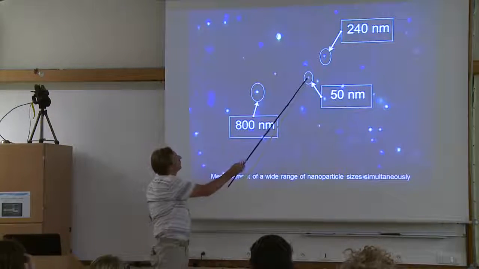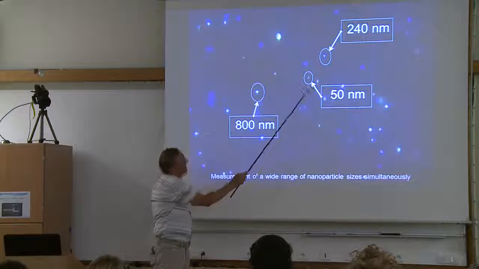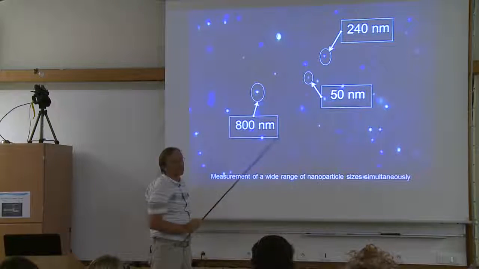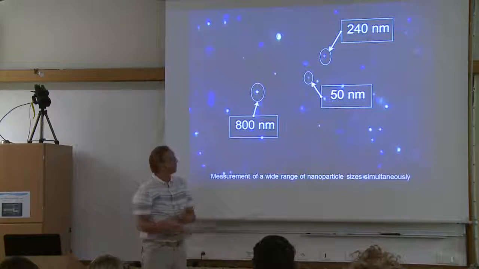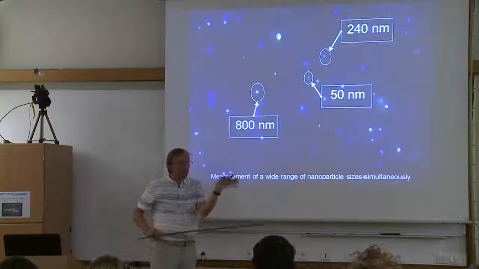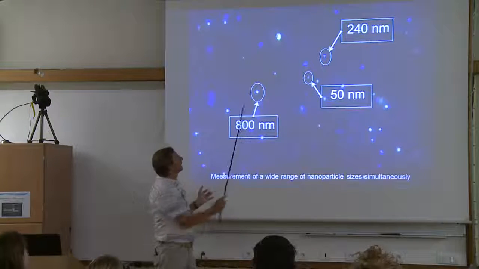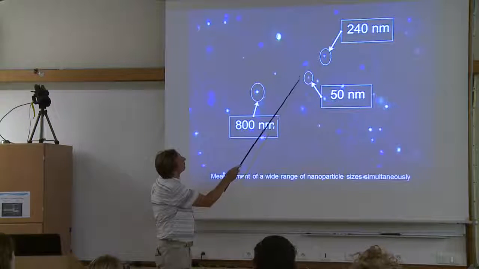So if you increase the size here by a little bit more than 10-fold, the scattering cross section of this particle is like 6-7 orders of magnitude higher than the scattering cross section of this guy. So these particles produce a very dim scattered field, and these particles produce an incredibly bright scattered field compared to the small guys. In addition, I will run the movie one more time.